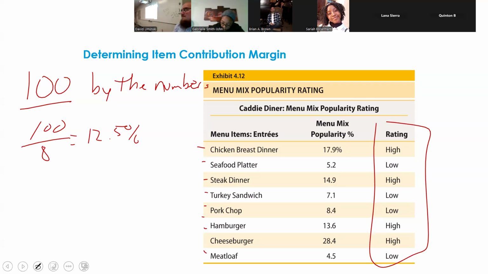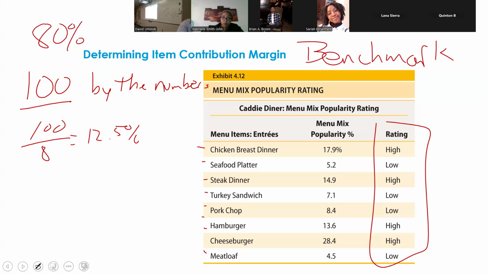We do what's called a popularity benchmark. What that benchmark says is, in order to be considered popular, you have to achieve a certain percentage of the average. So in this case, let's go with 80%.